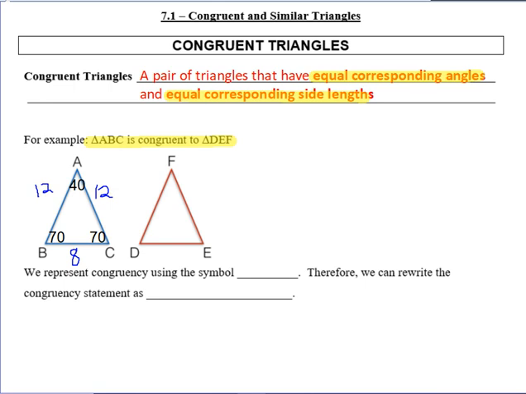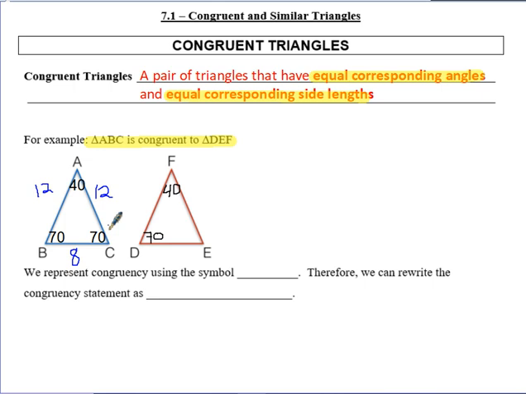So if you look at just this orientation of the triangles, we know that angle A, right up here, would correspond to angle F. So this angle up here would be 40 degrees, right? Angle A doesn't correspond to D, and it doesn't correspond to angle E. It would only correspond to angle F because they're in the same spot on the triangle. Now down here, if B is 70, then D must also be 70.